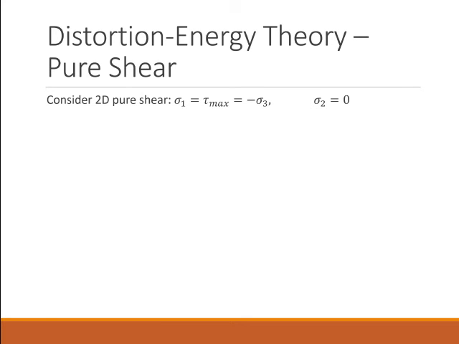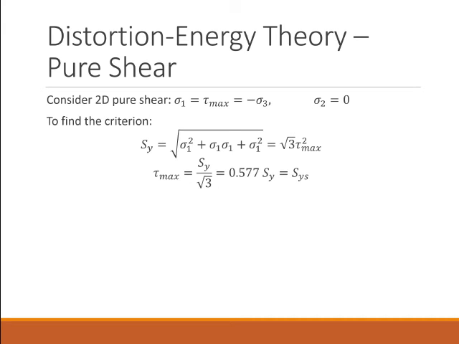If I consider a 2D pure shear case, remember from the Mohr circle it looks slightly different, and I'm going to say that the yield stress is equal to the 2D case, and since sigma 3 is just minus sigma 1, it turns out that the equation simplifies, and I can get that the maximum shear stress is going to be equal to the yield stress divided by the square root of 3, and we're going to call that the yield shear stress.